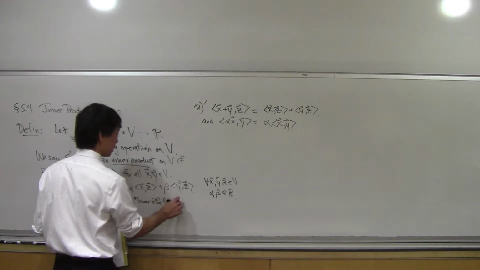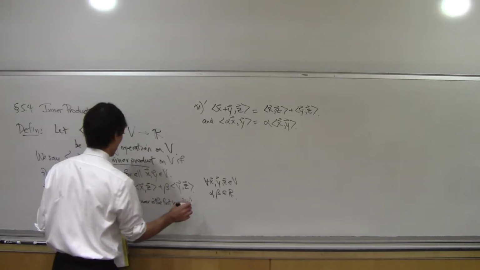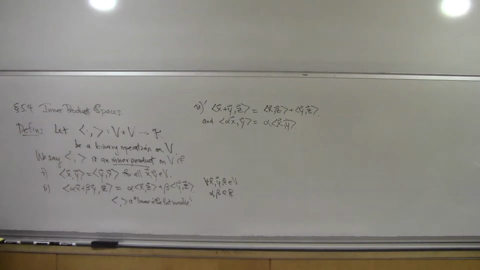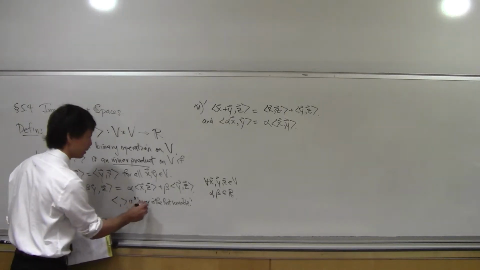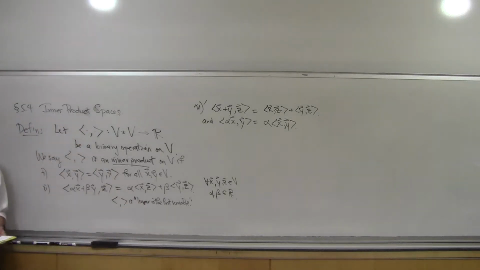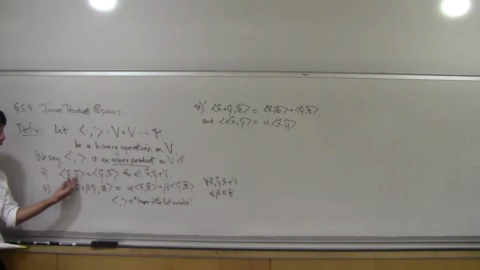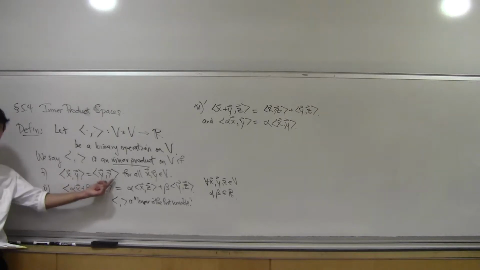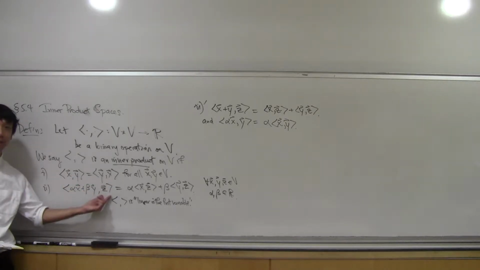But as a remark, since the product is commutative, it's also linear in the second variable.